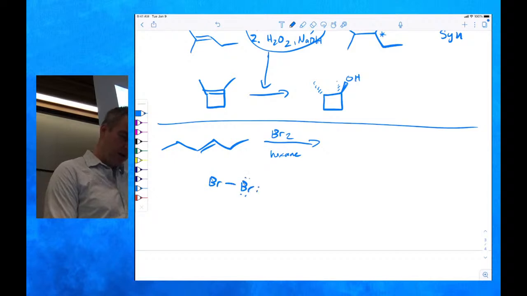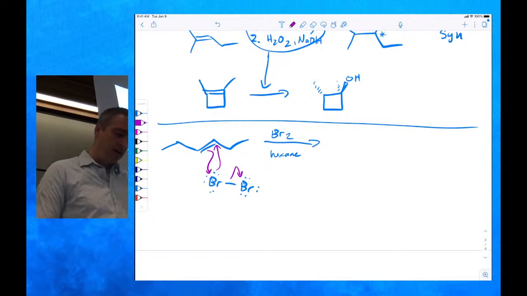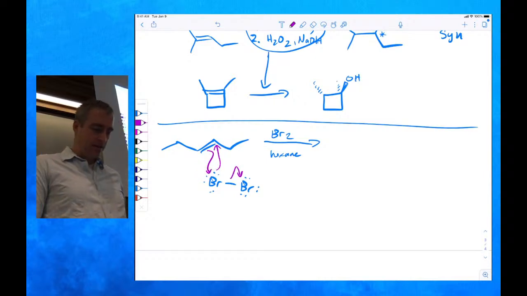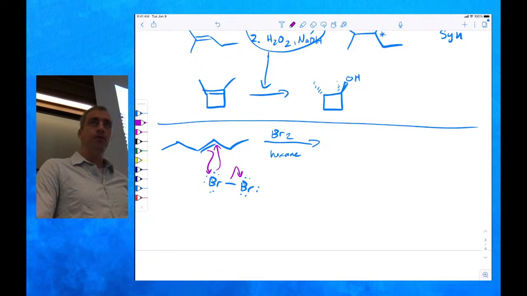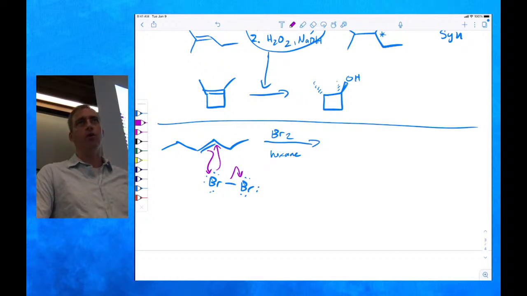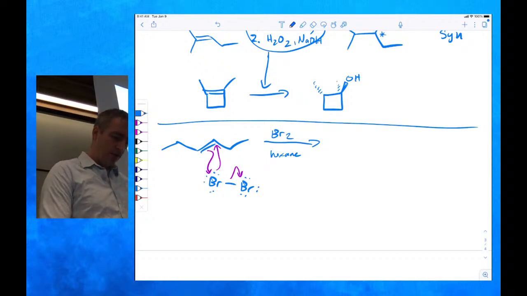If we use Br2 like this, the mechanism, we looked at this one, looks like that. So the Br adds to the alkene. You have two new bonds form, and the Br-Br bond breaks, and the pair of electrons in the covalent bond moves on to the other bromine. And what that produces is something that looks like this.